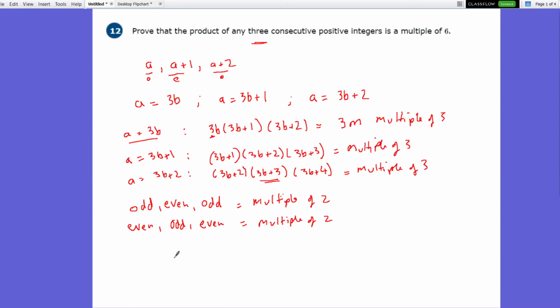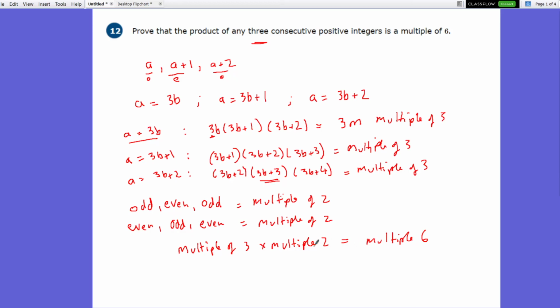So when we get the product of these three consecutive numbers, we have something which is a multiple of 3 times a multiple of 2, and 3 times 2 gives us a multiple of 6.